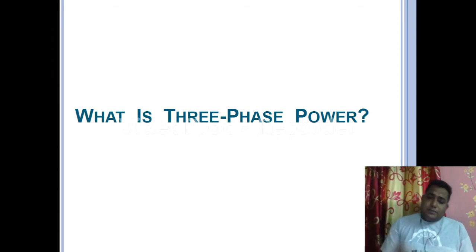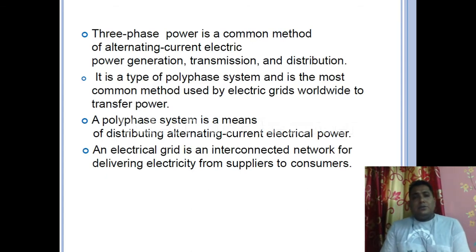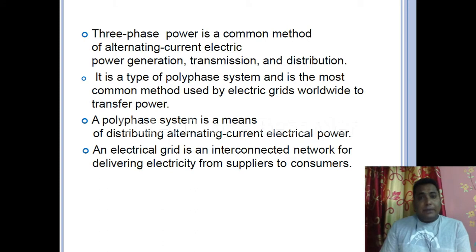Okay, so let us check what is written. It is written over here that three-phase power is a common method of alternating current electric power generation, transmission, and distribution. That means in any generating station, alternating power is generated in three phase.